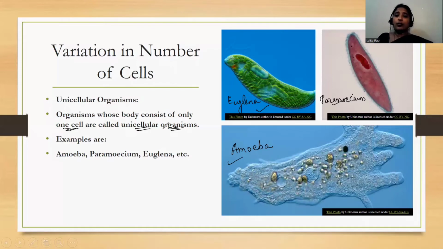Now, what does it mean? If an organism has only one cell, does it mean that organism will not breathe, or how will it carry out different functions? Even amoeba consumes food, the food is digested, and they also respire. So they perform the specific functions necessary to live a healthy life.